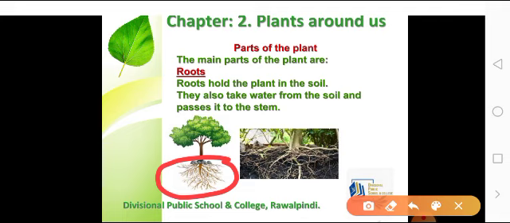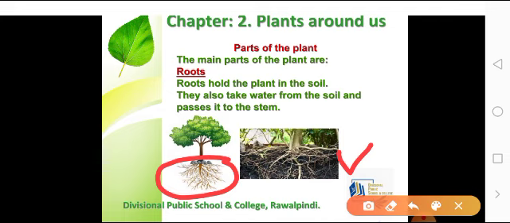You cannot see the roots above the ground, because roots live only under the ground in the soil. In this picture you can see the roots when we have put away the soil. They also take water from the soil and pass it to the stem.